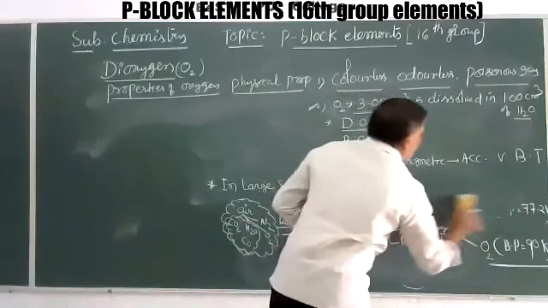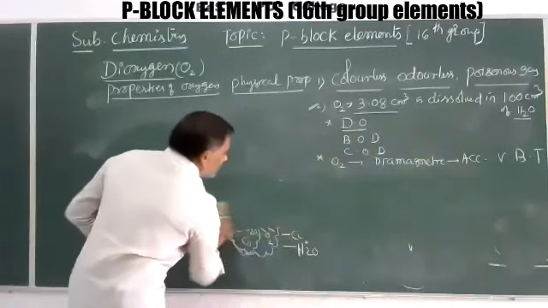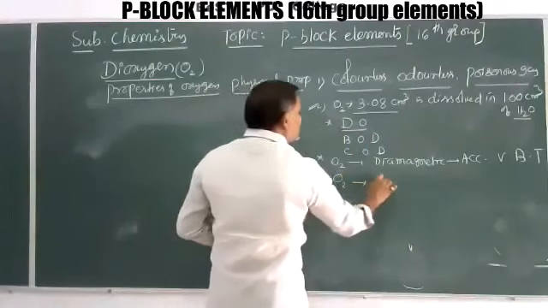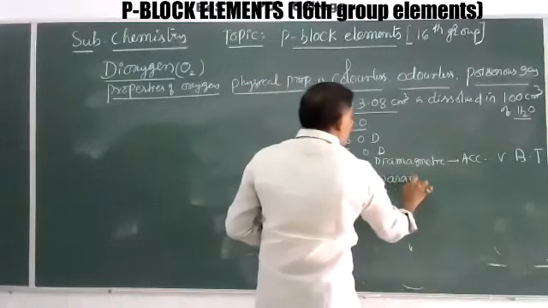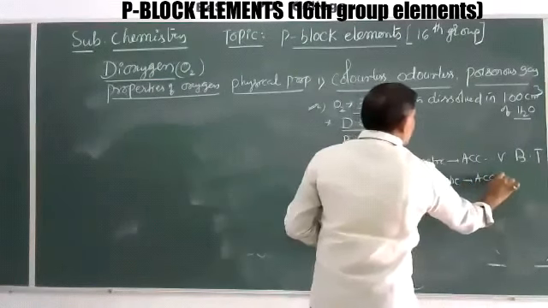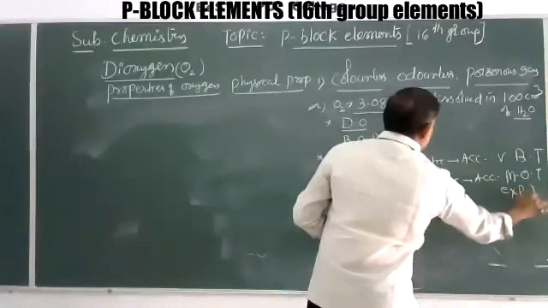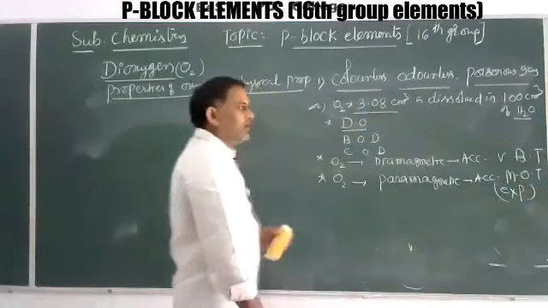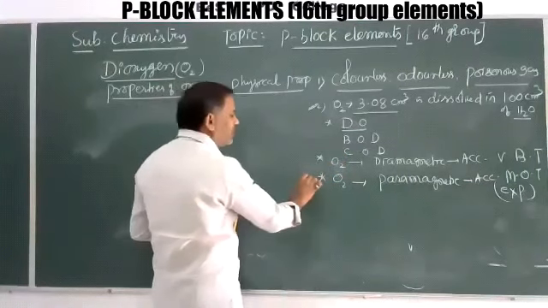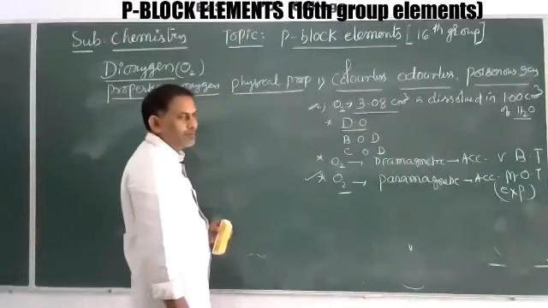But according to MOT, molecular orbital theory, and as experimentally proved, the O2 molecule is paramagnetic in nature. Right now, if they ask whether oxygen is paramagnetic or diamagnetic in an objective question, better you mention that the oxygen molecule is paramagnetic in nature.